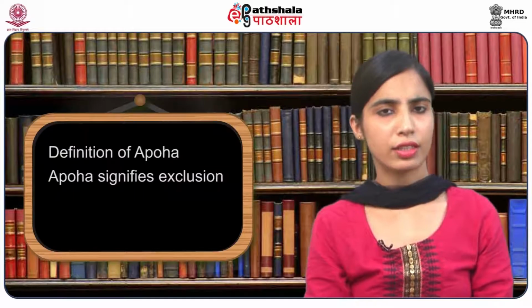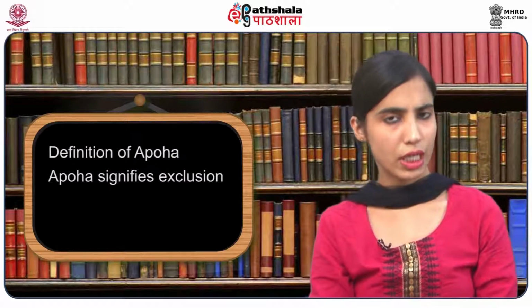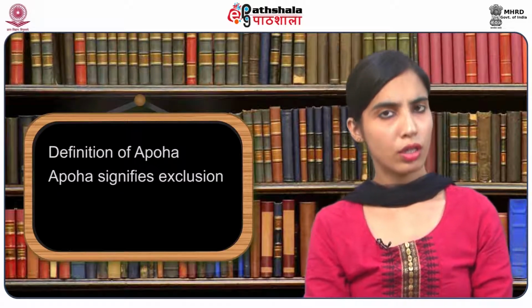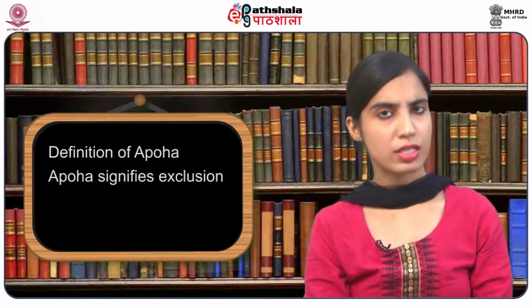Buddhists advance a theory called apoha, which is fairly like the Western theory of nominalism. Apoha basically signifies exclusion. Words are the consequence of mental thought, and in this manner they merely refer to mental pictures and cannot be specifically connected with realities that are external.